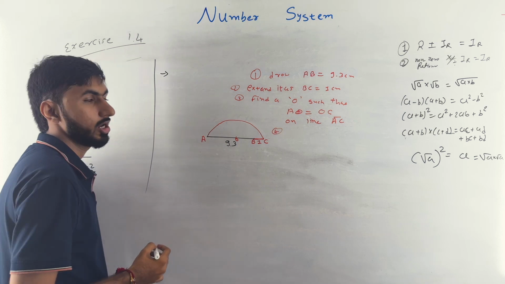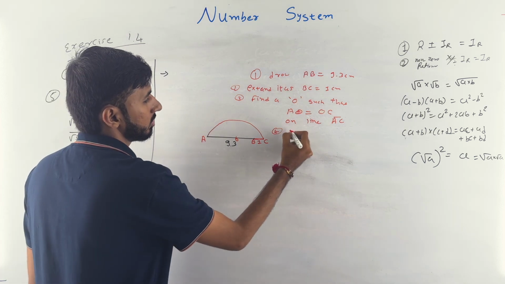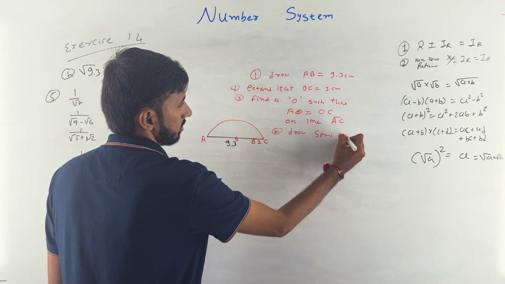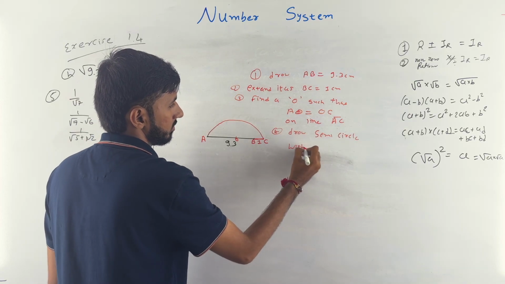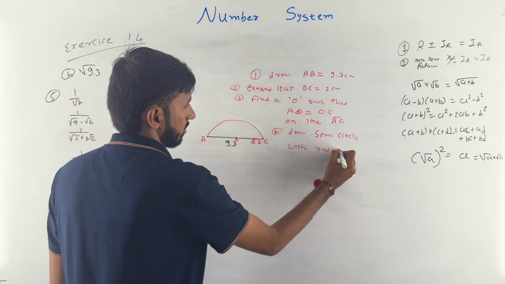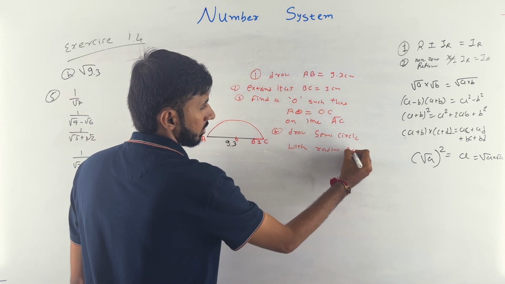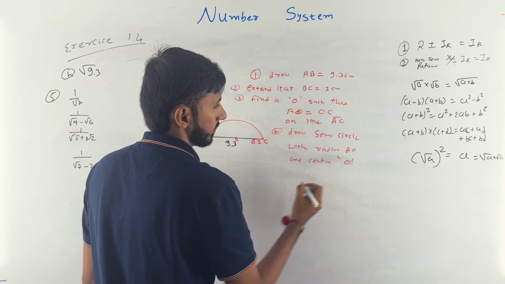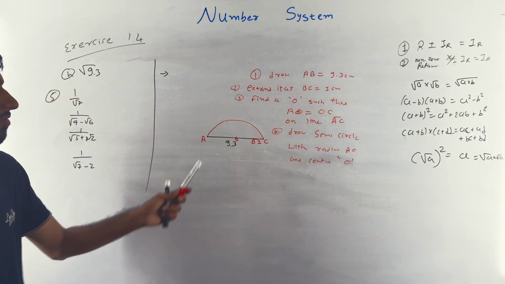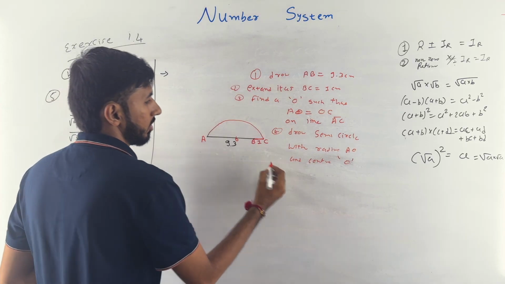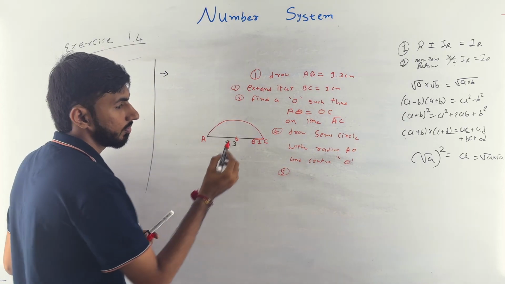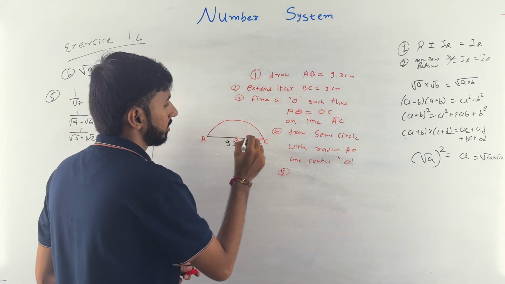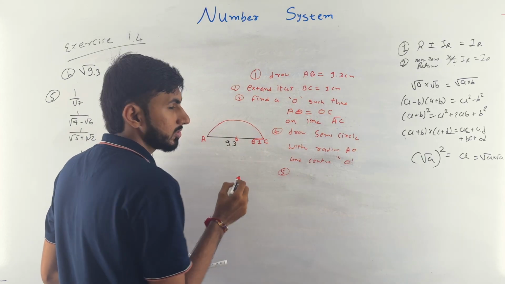The fourth step is to draw a semicircle with radius AO and center O. I have drawn a semicircle with center O and radius AO. Now in the fifth step I have to draw a perpendicular on line AC, and it will touch the semicircle.